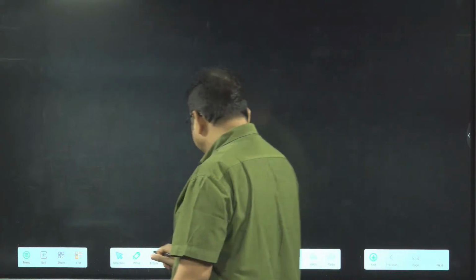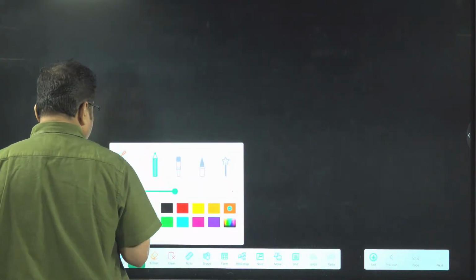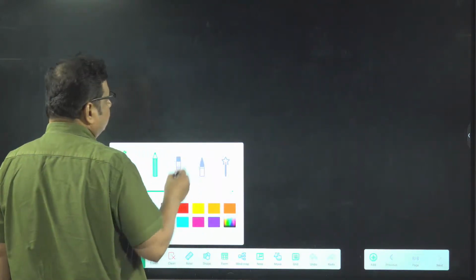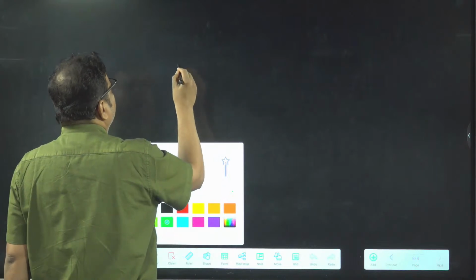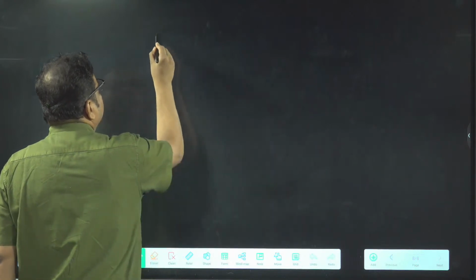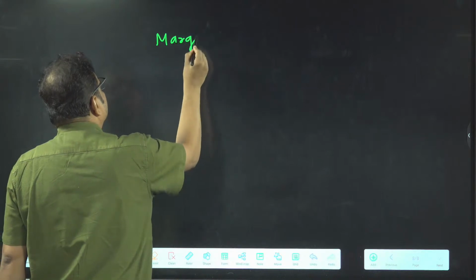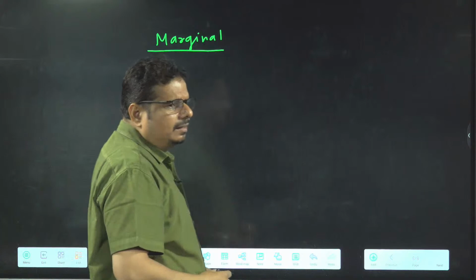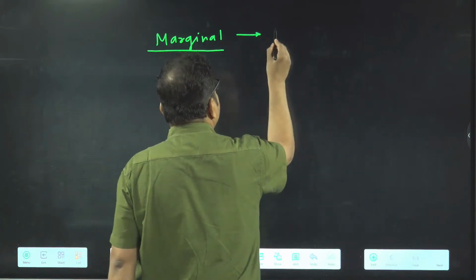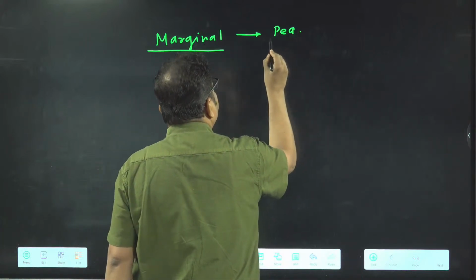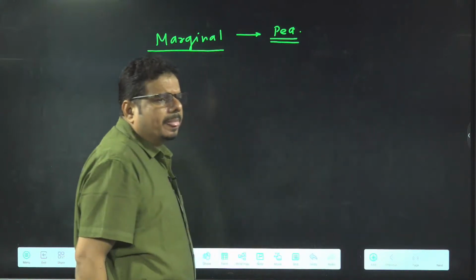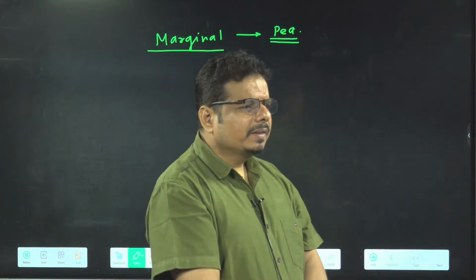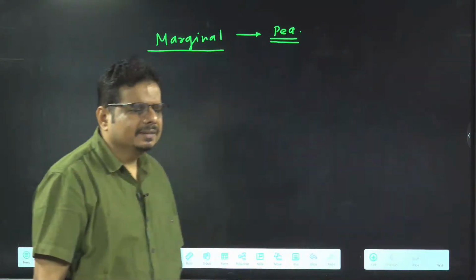Have a look. So I am drawing the diagram now. See, what happens in the case of marginal? In marginal placentation, try to understand with the characteristic example, pea. In pea, you have seen the pea pod? You have seen the pea pod or not?